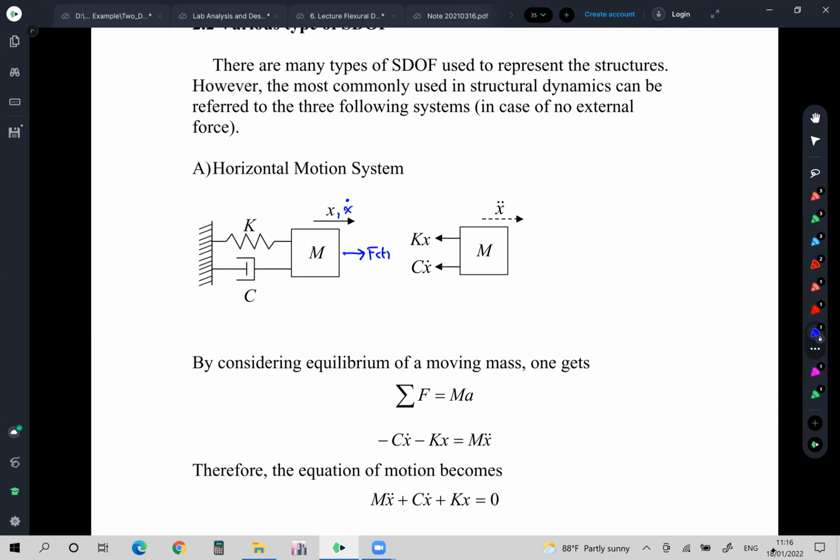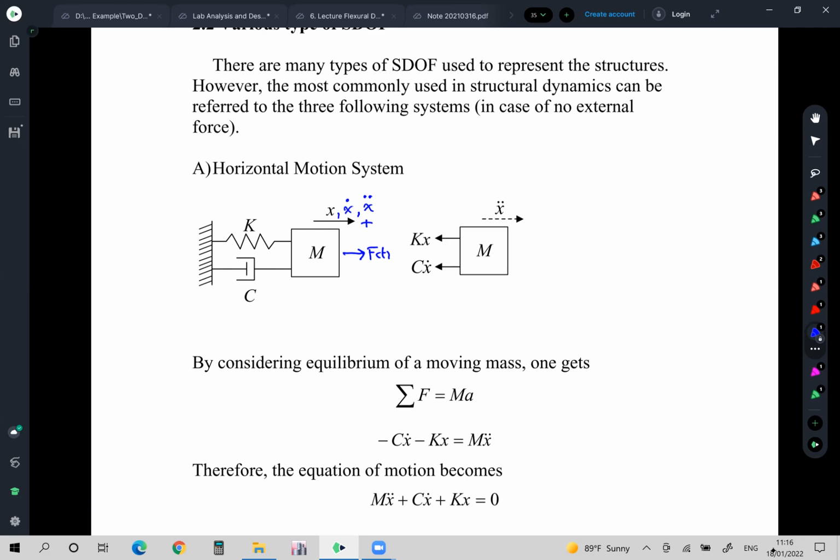If X is the displacement, the velocity X dot will be used. And since this problem is a second order differential equation, X double dot is the acceleration. So for the displacement X, X dot and X double dot, the positive direction is to the right hand side. We define it like this.